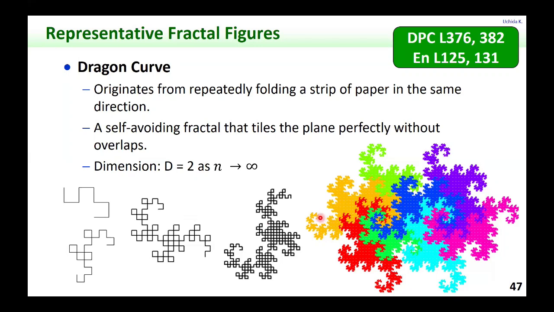Although the line is only a single line, the total length goes to infinity, although the area is bounded. The area is bounded, but the length goes to infinity when you increase the degree n. And I will talk about dimension later, but this has dimension of 2, which means it fills the space.